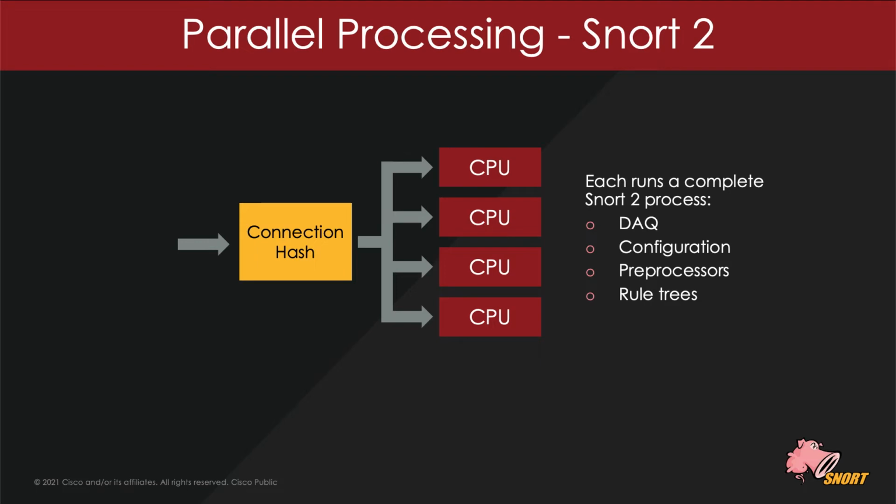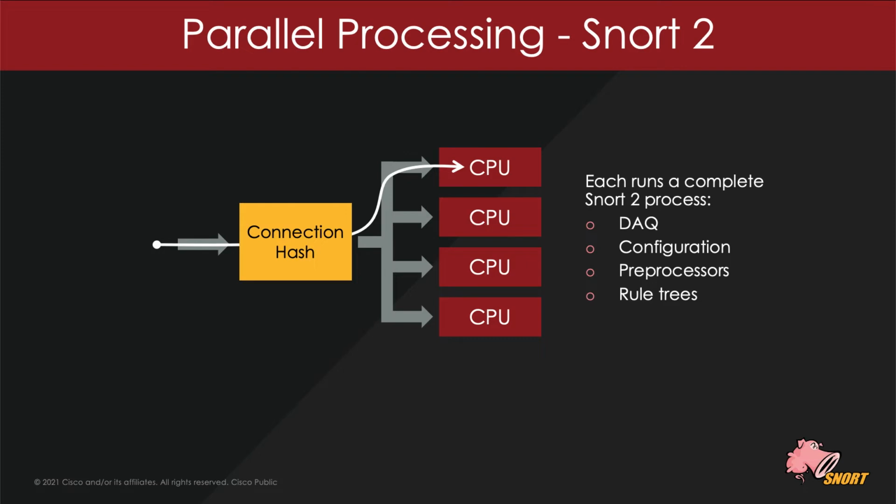In the yellow box there, we have a connection hashing application or algorithm that's not actually part of Snort, but it's required if you want to do this. It takes connections and hashes them. In the case of the Firepower system, now called the Secure Firewall from Cisco, it does a 6-tuple hash based on source and destination IP, source and destination port, protocol, and VLAN.